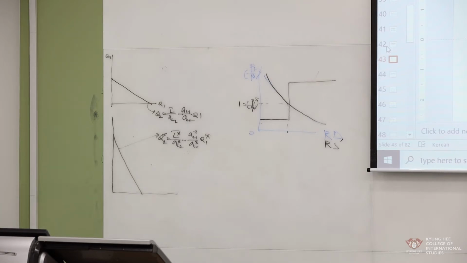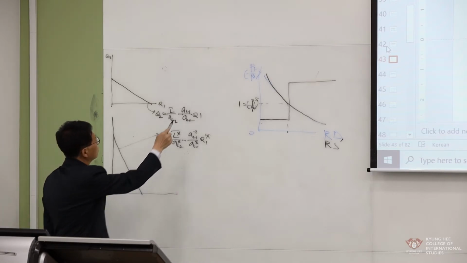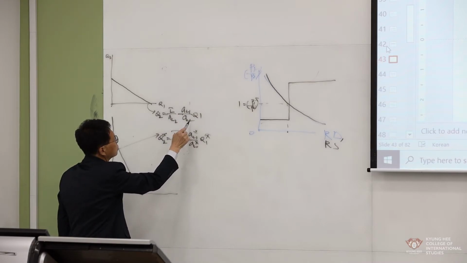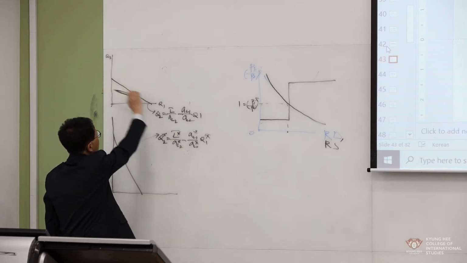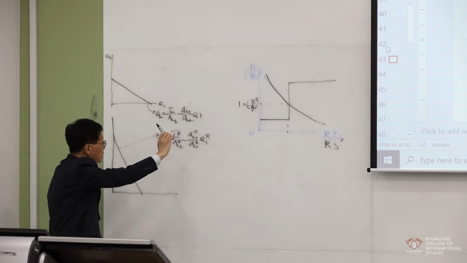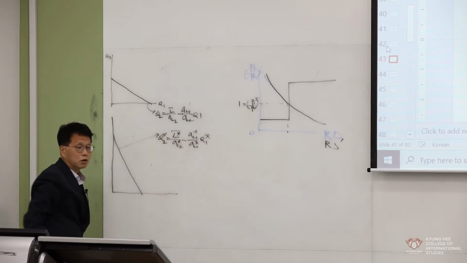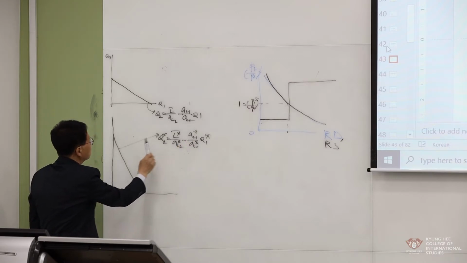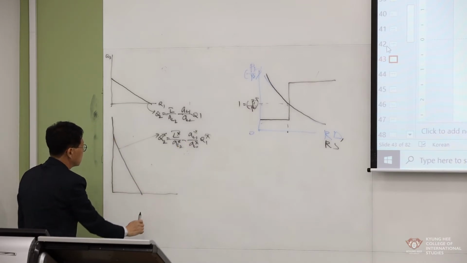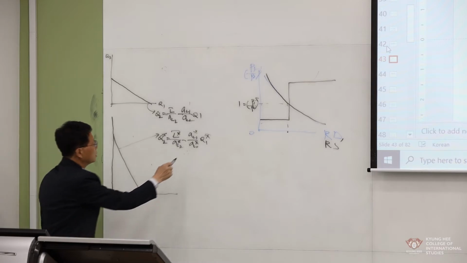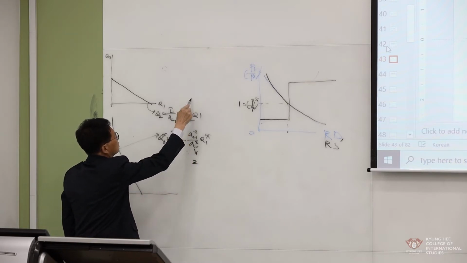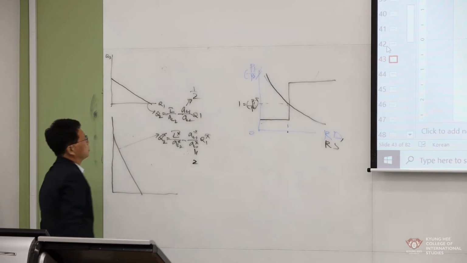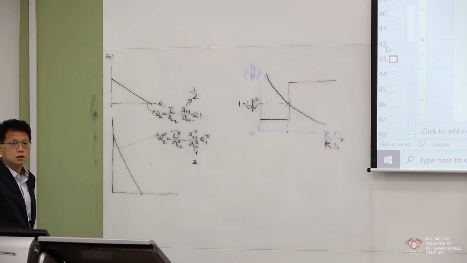Right? And in our numerical example, aL1 is 1 and aL2 was 2. The slope is half. In foreign, aL1 star was 6 and aL2 star was 3. So the slope of the production possibility frontier was 2. That was half. Okay?